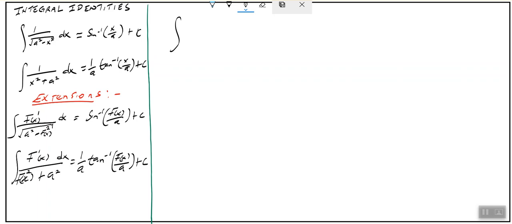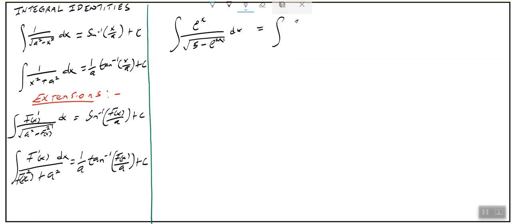If I have the integral of e to the x divided by the square root of, my bad, I have to have a constant first, say 5 minus e to the 2x. If I have something like this, I can rewrite it.